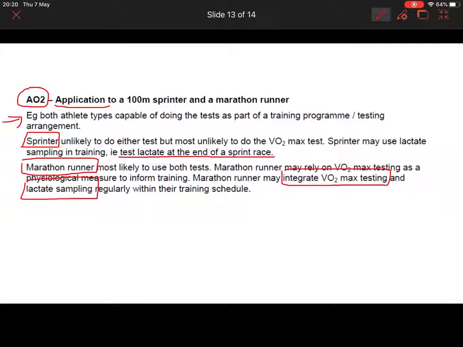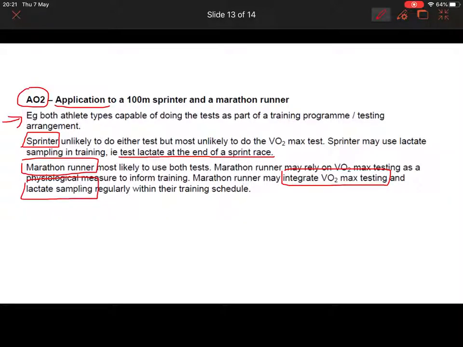Okay, so the key summary from this section is this: both athletes, both the sprinter and marathon runner, could use both tests as part of a training program. But if we look at each sporting example separately, and this is really important, you've got to make sure that your answer for this question, and we may look at answering this question in future weeks, refers to both sporting examples.